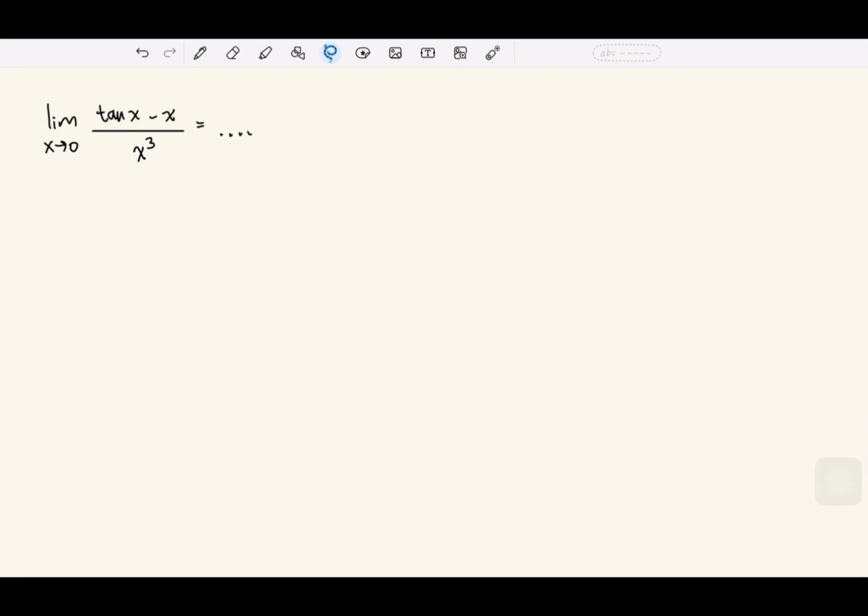It means that this should be, then it becomes secant squared minus one.